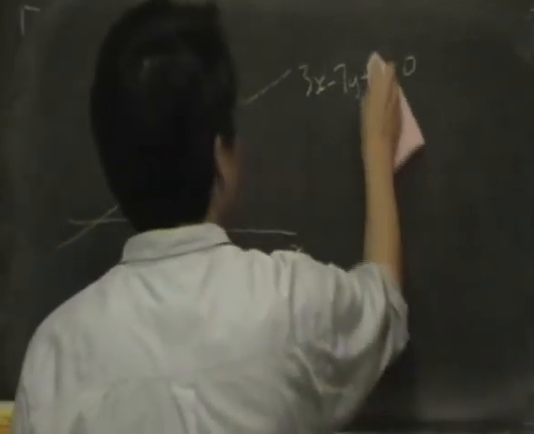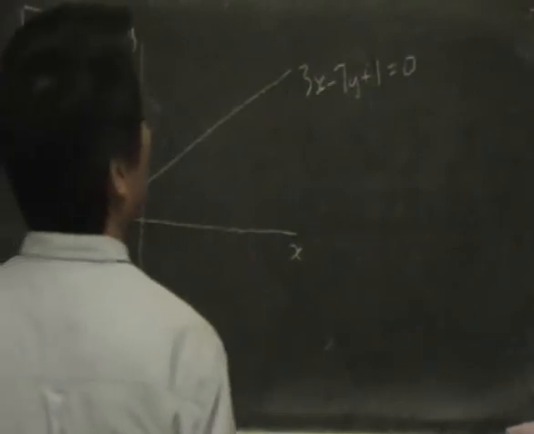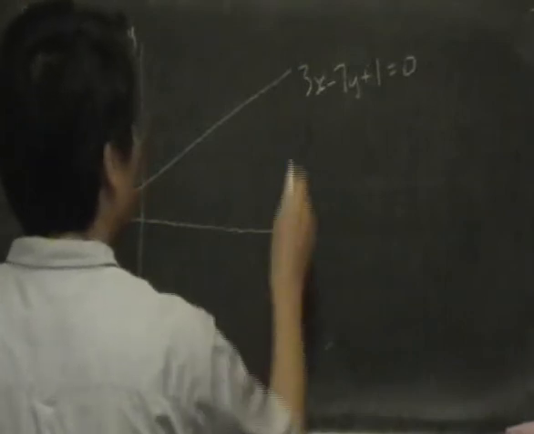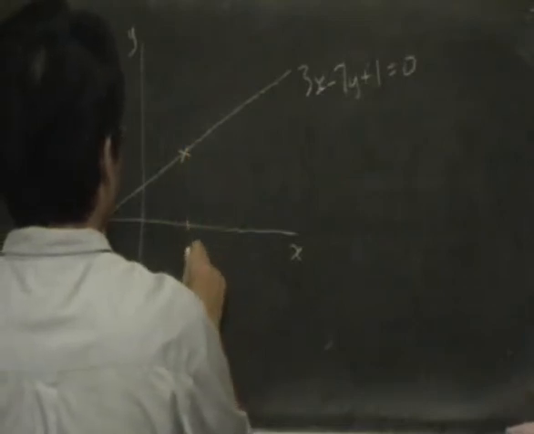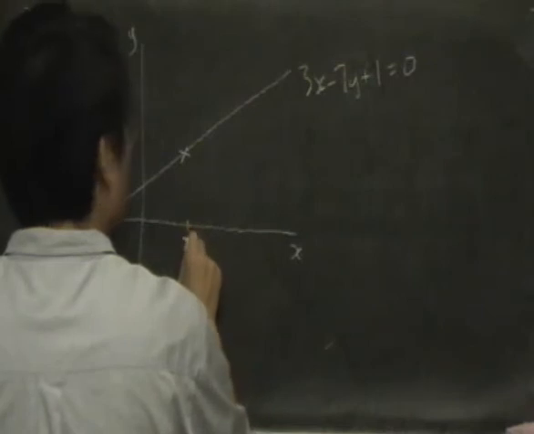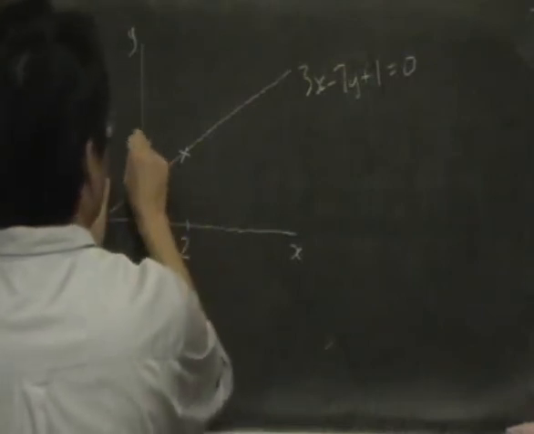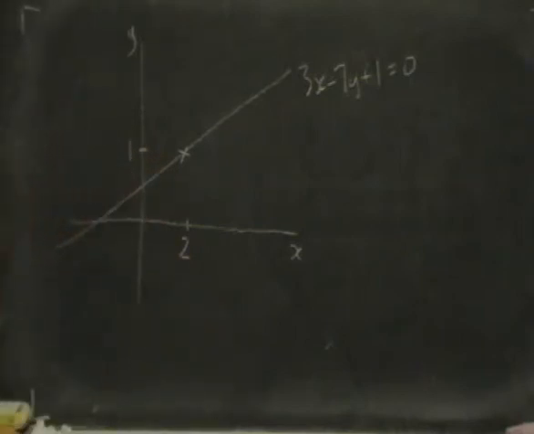Change here, should be a 1. Okay, and this line passes through the point with coordinates 2 and 1. Right.